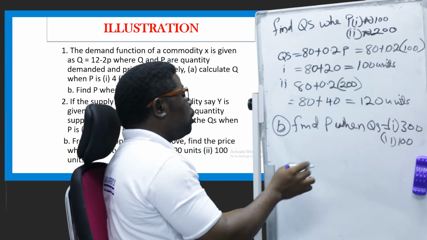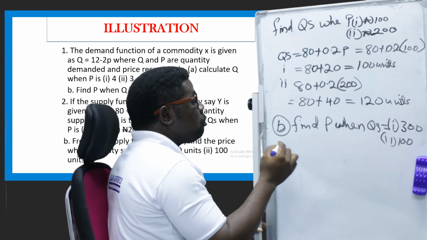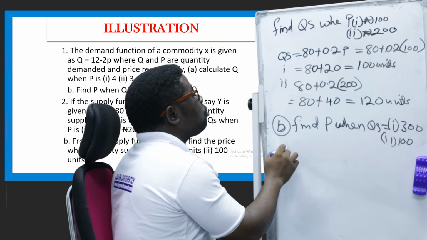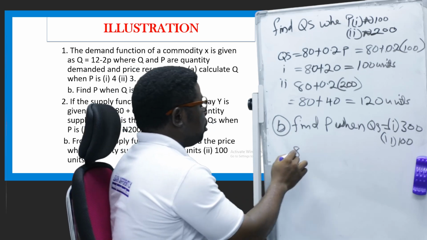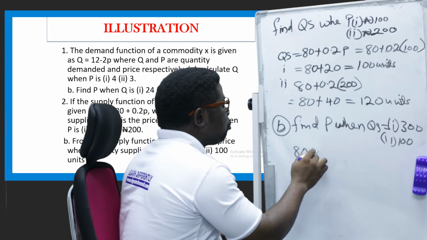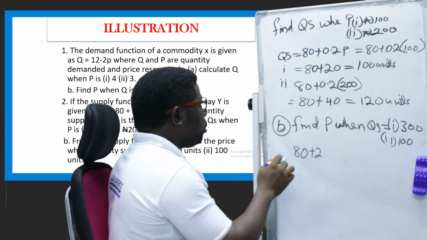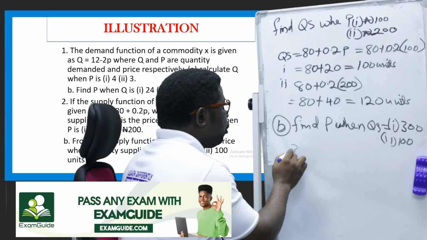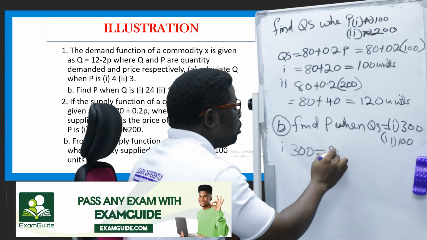So let's go. Just substitute your values into the equation or function. You have your answer outrightly so. Our QS is already there. So you have QS, which is 300 for I.